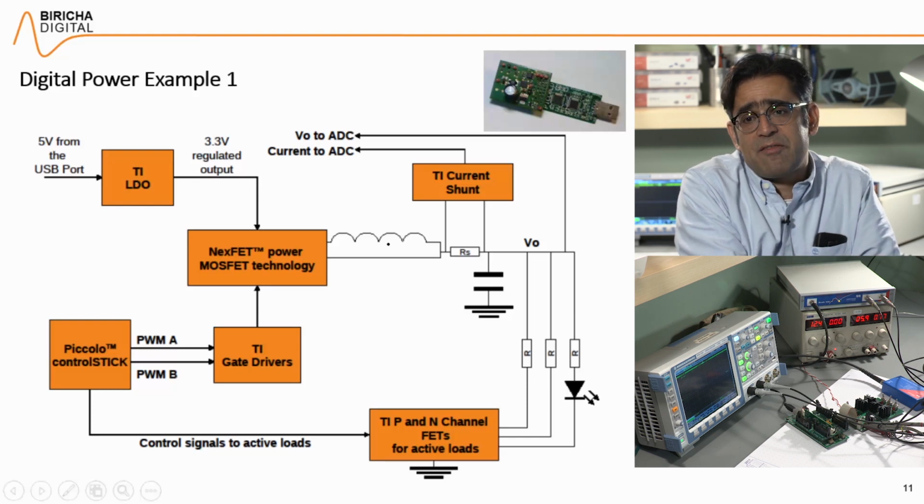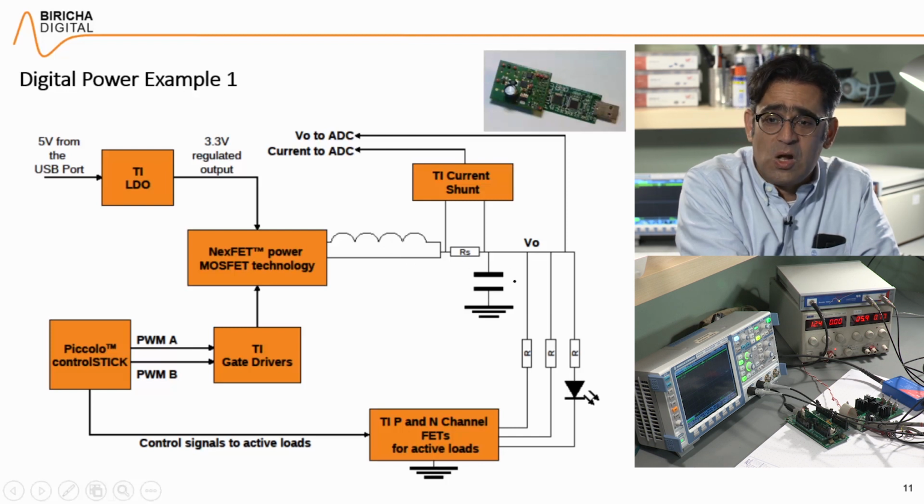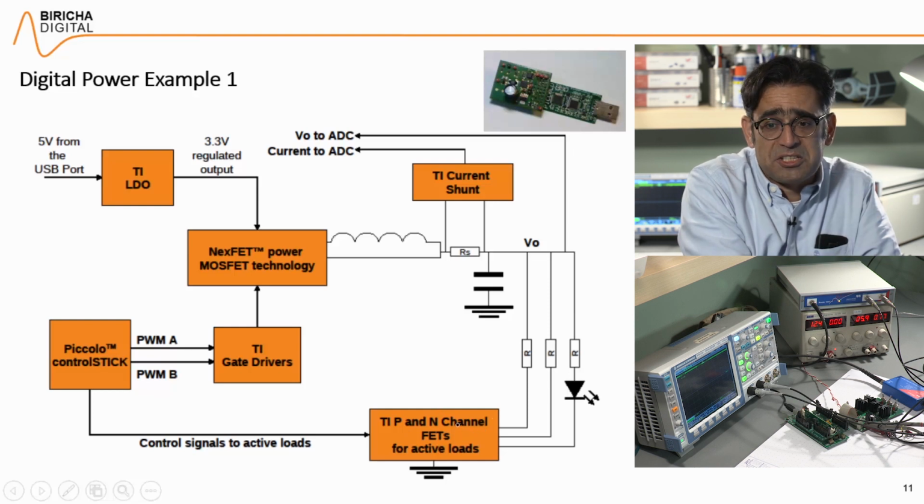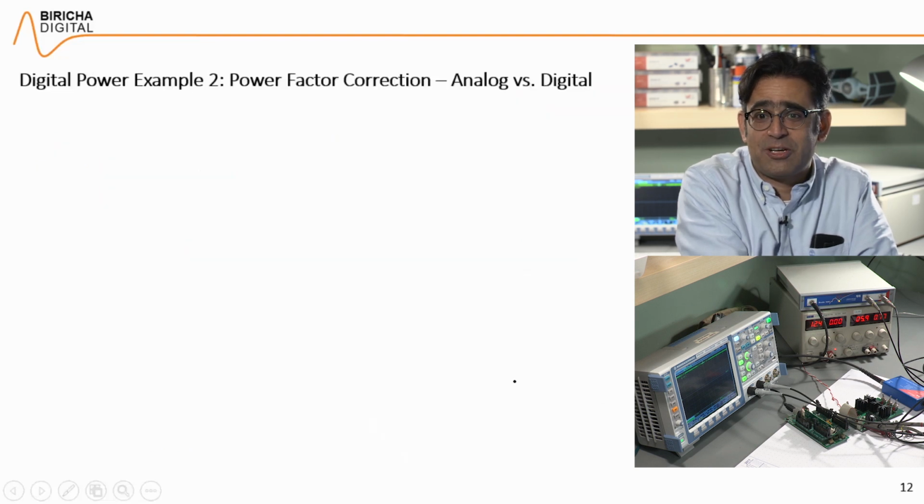And then you have a Würth inductor here plus a capacitor. That is a very simple buck converter with some loads that you can turn on with some P-type and N-type small TI FETs that we are using, and these are being turned on and off using the Piccolo stick, and of course the mandatory LED that everybody must have on any board that you ever design.